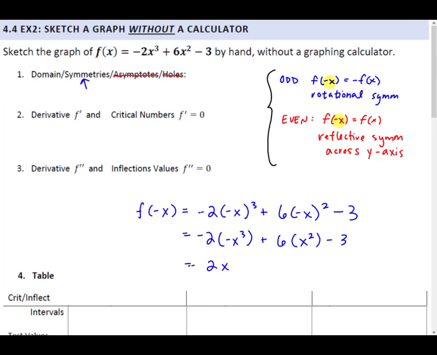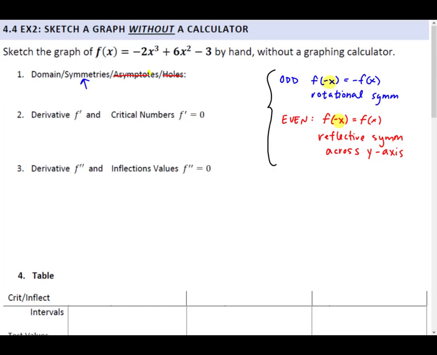You'll notice that only one of the signs change. This first sign changes, but the 6 and the 3 do not change. Since not all of the signs changed or none of the signs changed, we know that this graph has no notable symmetry. So let me erase that. We know there's no notable symmetry.